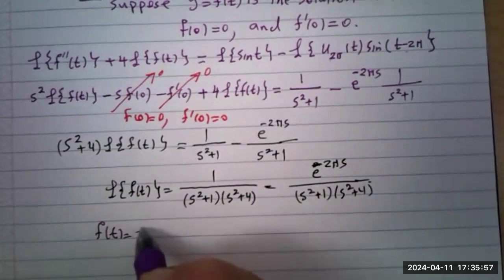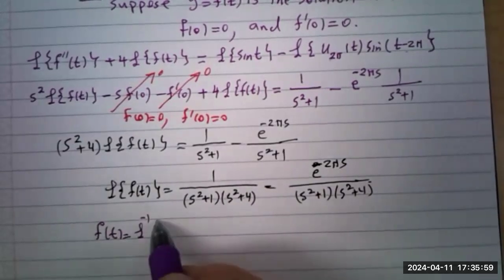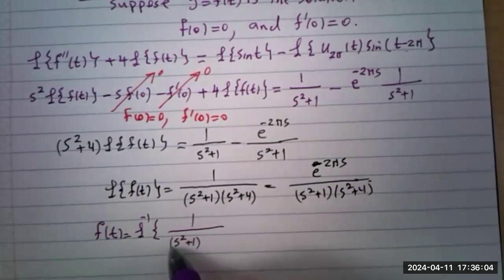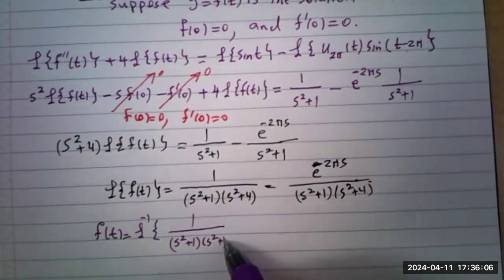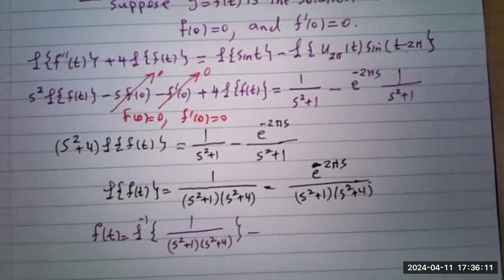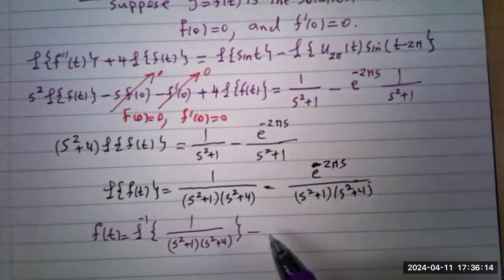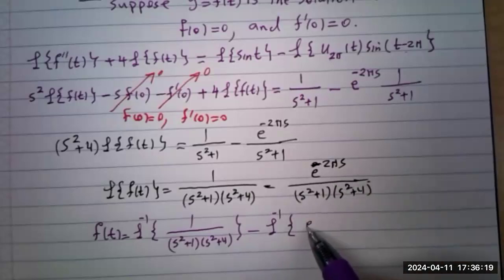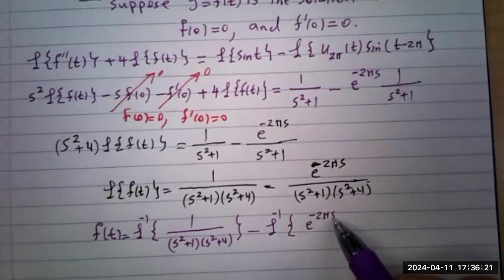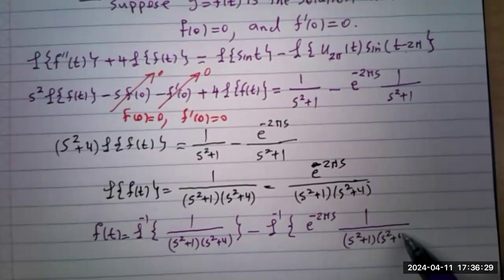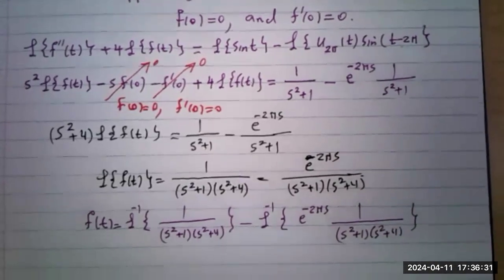f of t is equal to the Laplace inverse of the first one, 1 over s squared plus 1 times s squared plus 4. See, the next function is just the unit step function version of this one. We have the Laplace inverse of e to the negative 2 pi s, 1 over s squared plus 1 times s squared plus 4.